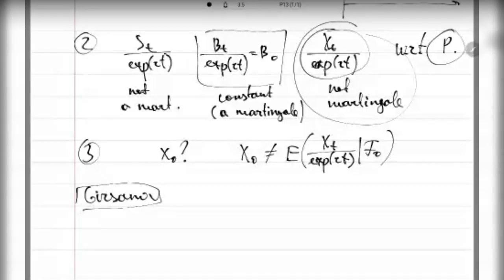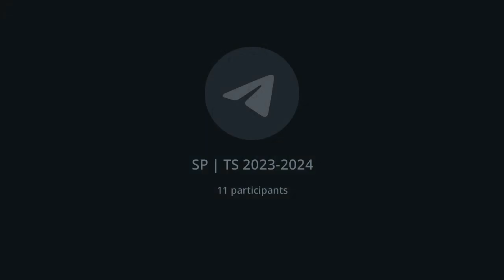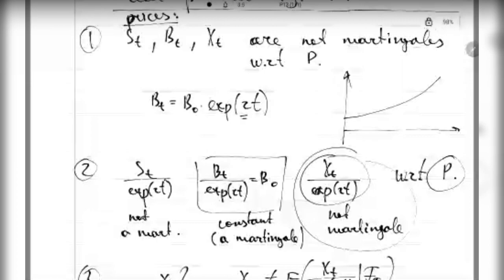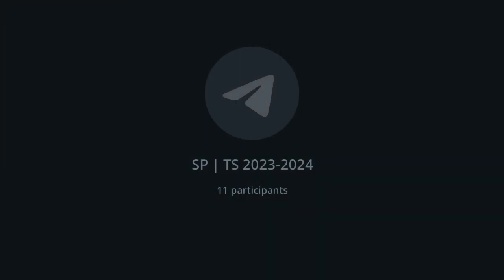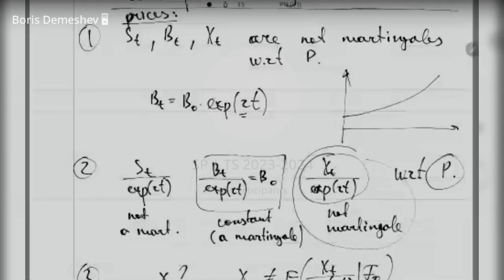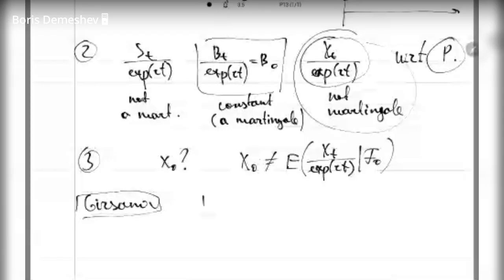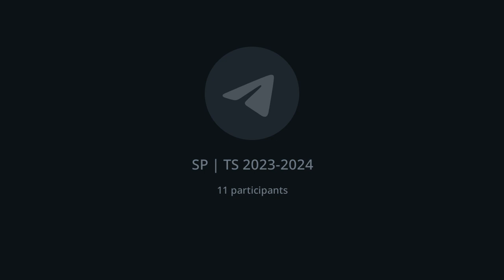And hence arrives Girsanov and says, okay, let's change not the process. The first step was to discount, which applies a change to the process itself. Girsanov said, let's do the black magic. Let's use some P star.